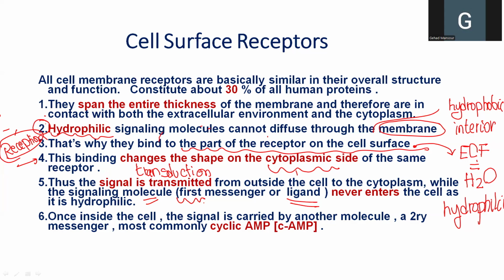Once this change occurs in the cytosolic part of the receptor, another molecule called the secondary messenger, which is usually cyclic AMP, will carry out the task and will induce a series of molecular biochemical changes in the cell.